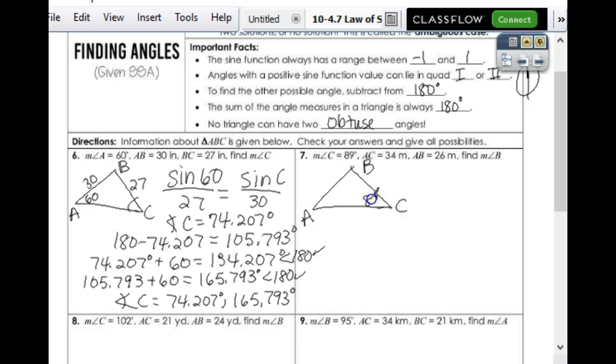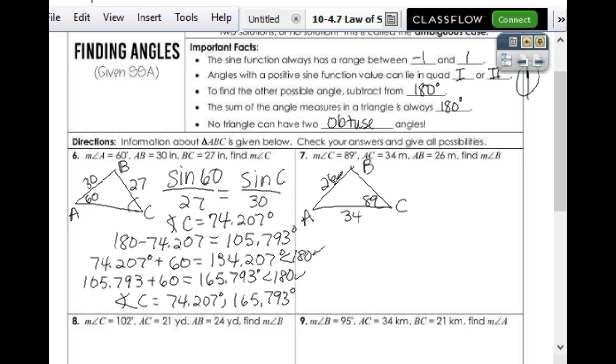Angle C is 89, AC is 34, and AB is 26. So we have the side-side-angle, and this is not fixed. The angle between the two sides isn't fixed, which means this side can rotate out or in.